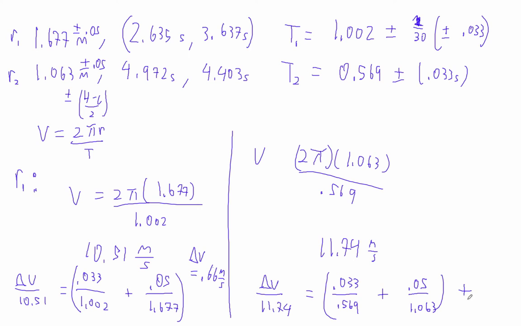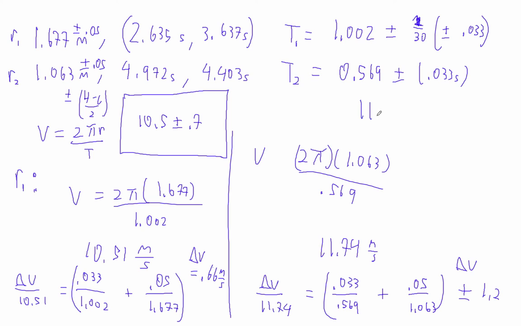Delta V is plus or minus 1.2. Now, look at my values here. I really haven't proven the constant velocity model incorrect, because I've got 10.5 plus or minus 0.7, and here I've got 11.7 plus or minus 1.2. Well, guess what?